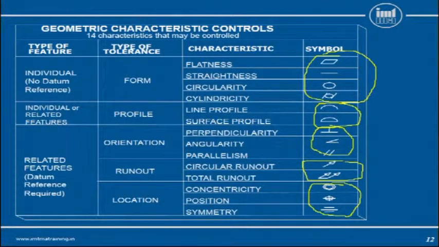Whereas the second group of parameters coming under orientation, you can read under the first column, they are called related features. That means in all the 3 groups, that is orientation, location as well as runout, datum references are a must. It is simple to understand.